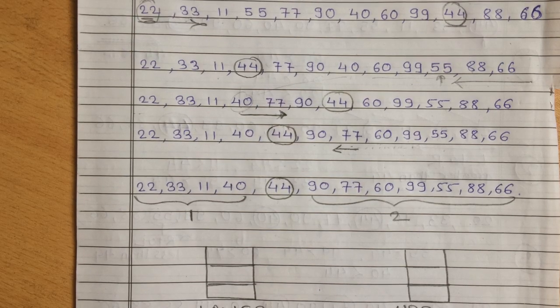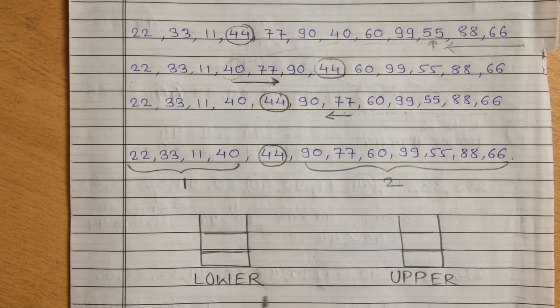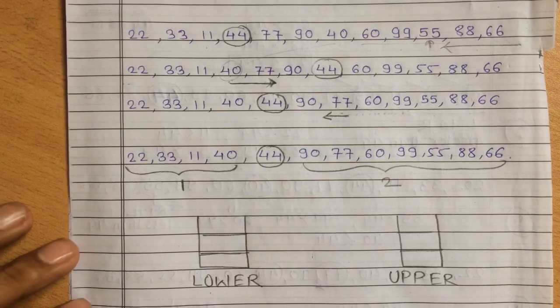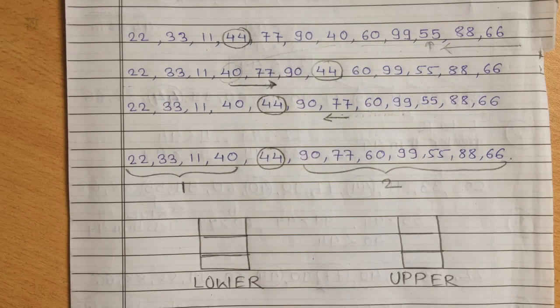So what is the use of these two stacks? This is the lower stack and this one is the upper stack. These two stacks are used to temporarily hold the boundaries of the sublist. That is, they hold the address of the first and last element of each sublist, called boundary values.